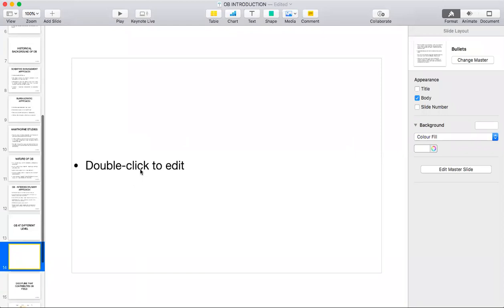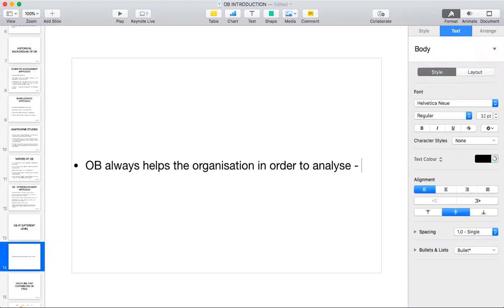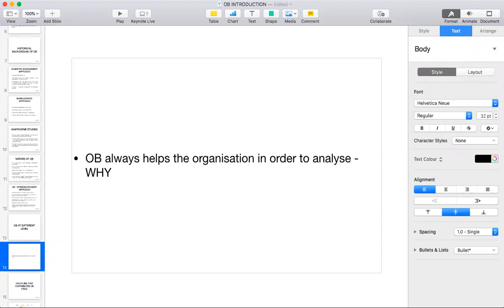OB always helps the organization analyze two basic questions: why and how an individual behaves in a particular way.